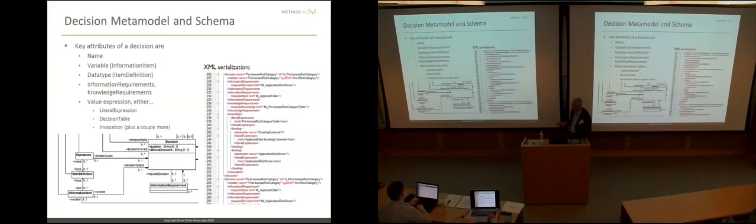So here you see the relationship in UML between what a decision element in DMN means and the various other things that it relates to: the information requirements, the variable that stores the data, the expression, or the value expression, etc. And on the right, you see XML conforming to the schema that is based on this meta model. So this meta model and schema is what makes the pictorial representation of your model executable on an engine.